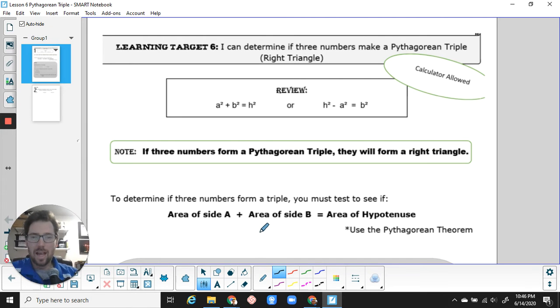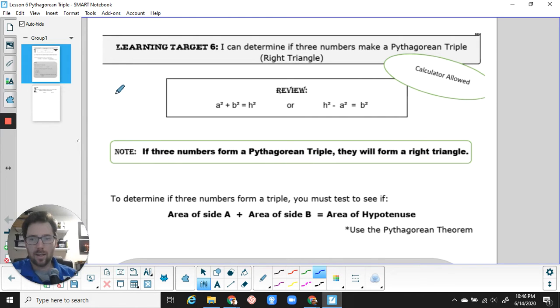So if we're taking a look at this again, we have a squared plus b squared equals h squared. So we're going to talk about Pythagorean triples today. If three numbers form a Pythagorean triple, then they will form a right triangle.